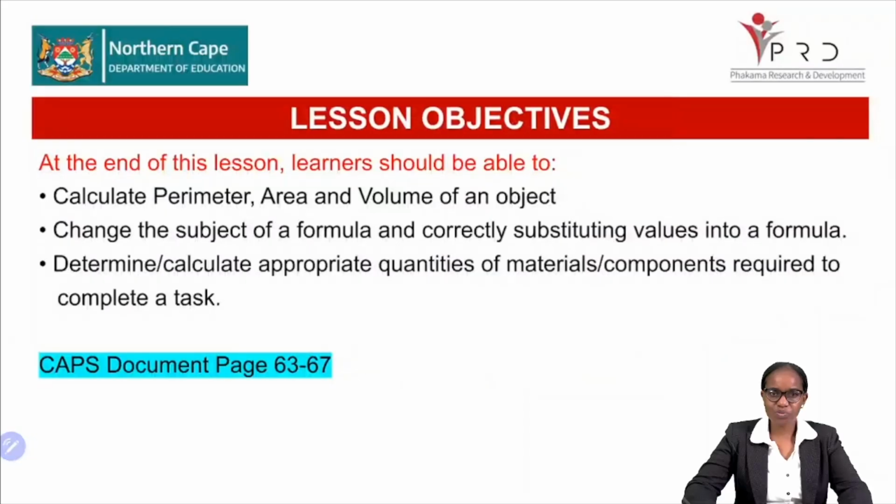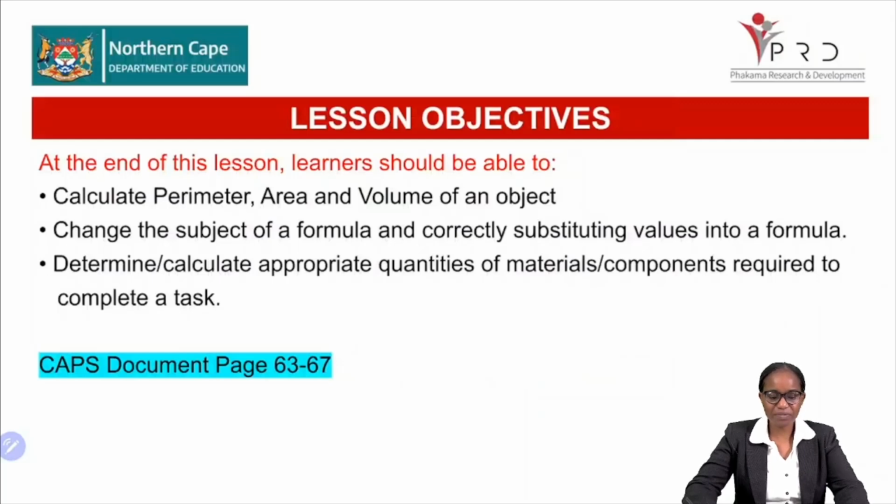Right, let's look at what you're expected to achieve by the end of the lesson. You should be able to calculate perimeter, area, and volume of an object. You should be able to change the subject of a formula and correctly substitute values into a formula.